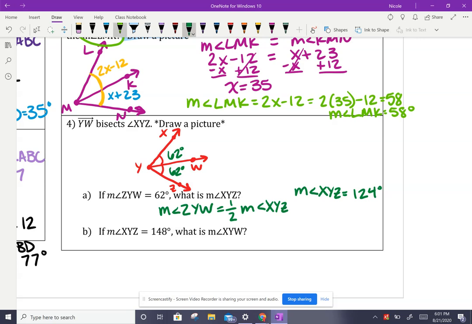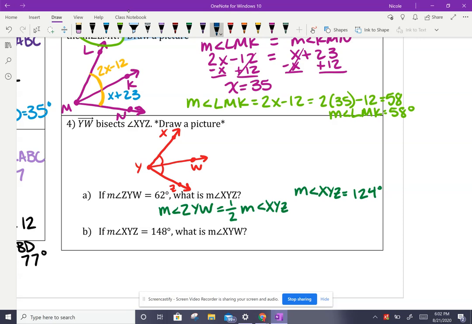And lastly, we're going to get rid of these 62s because it's going to mess us up. There we go. Now, I completely disregard all information that was just given to me, and I treat question B as a separate question. I don't know anything about these angles unless it tells me. It says the measure of angle XYZ, the whole thing, is 148. But I have two equal pieces on the inside.